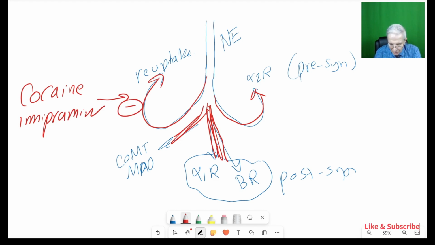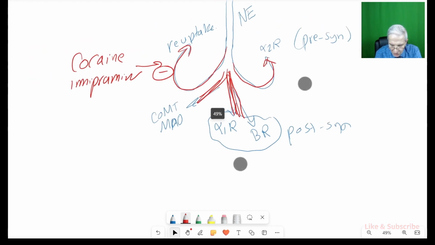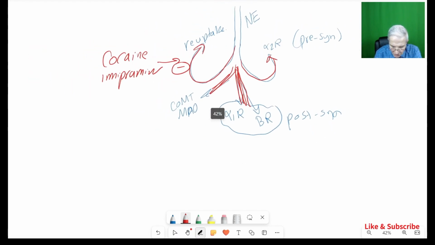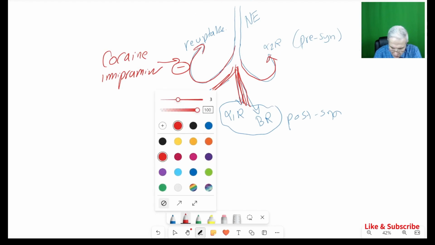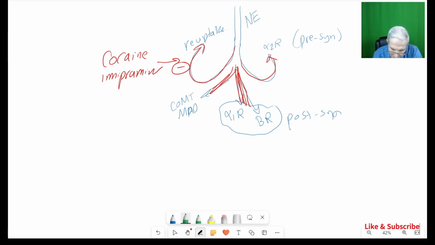We have 3 pathways here. If you inhibit reuptake, you can imagine here, I will go with a different color, a green one. When cocaine and imipramine inhibit reuptake, this is reflected as a compensatory mechanism to increase release of norepinephrine into the synaptic cleft and binding to the receptors.